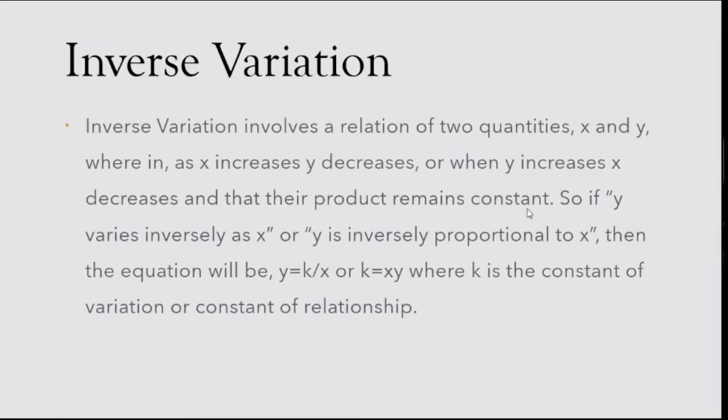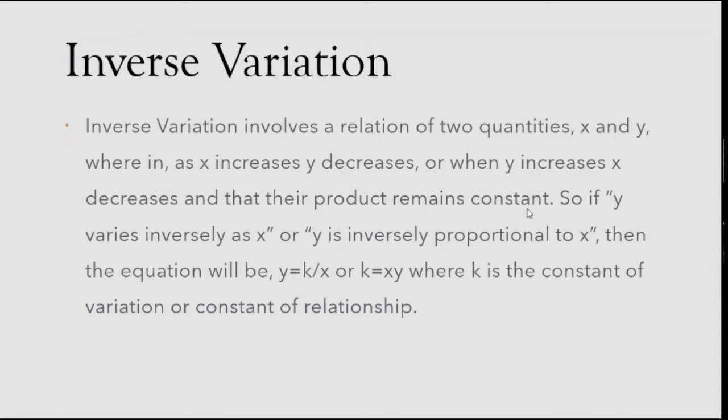Inverse variation involves a relation of two quantities, x and y, wherein as x increases, y decreases. Or when y increases, x decreases. And that their product remains a constant.